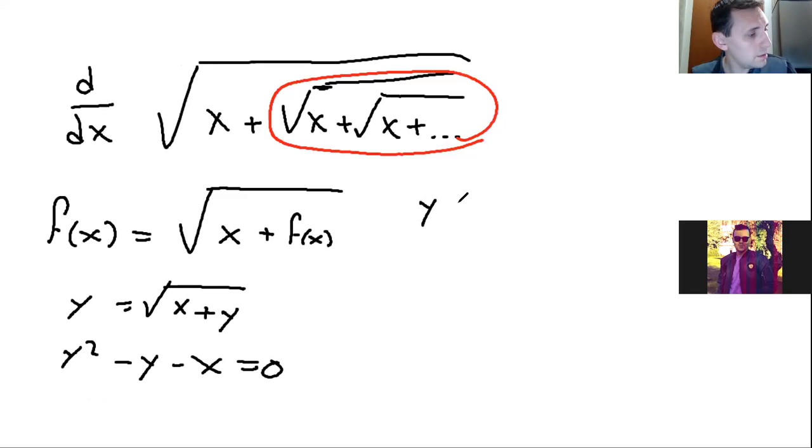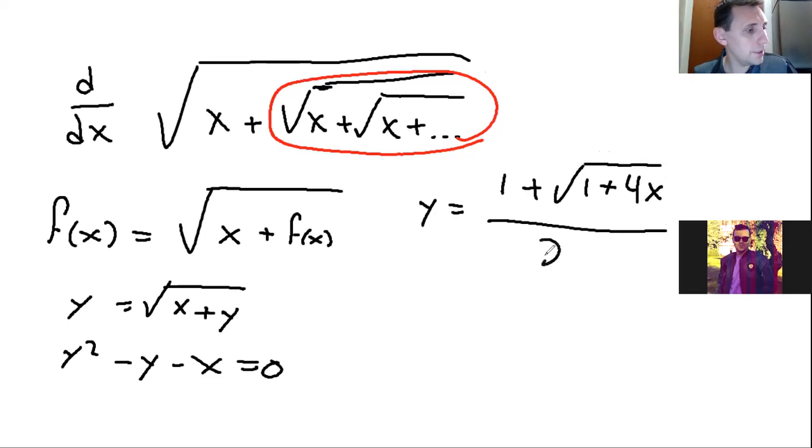So y is equal to 1 plus the square root of 1 minus 4 times 1 times minus x, so it's 1 plus 4x, divided by 2. So it's not so difficult to differentiate this function.